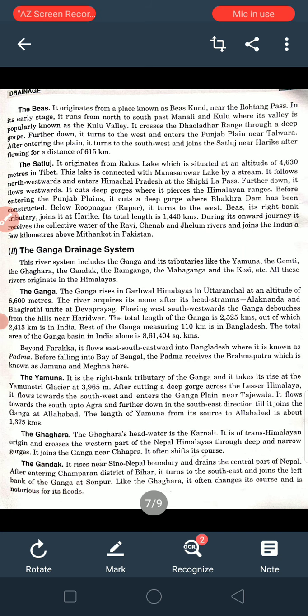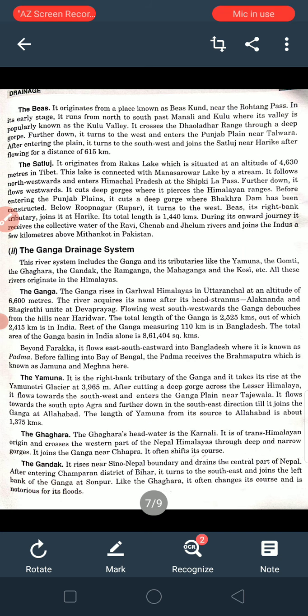So next is the Yamuna river, the most important tributary. It's a right bank tributary of the Ganga, and it takes its rise at the Yamunotri glacier at 3,965 meters. After cutting a deep gorge across the lesser Himalayas, that is the Shivalik ranges, towards the south up to Agra, it flows towards the southwest and enters the Ganga plain near Tajiwala.